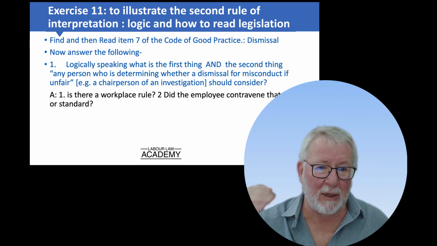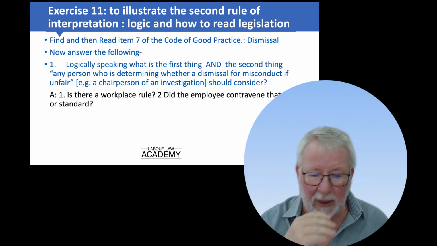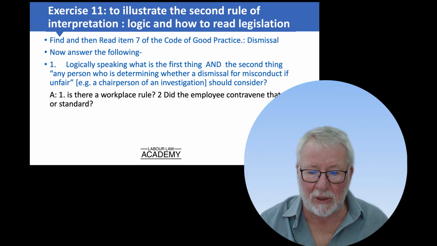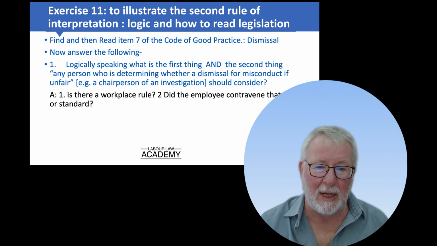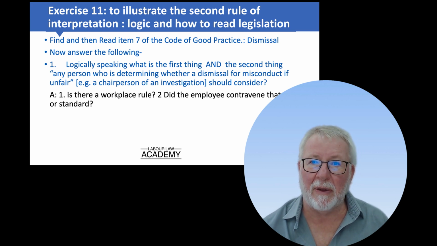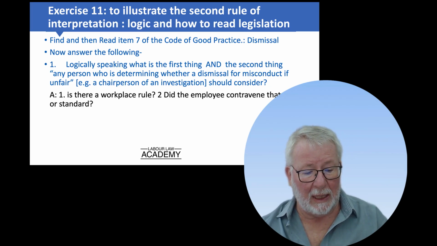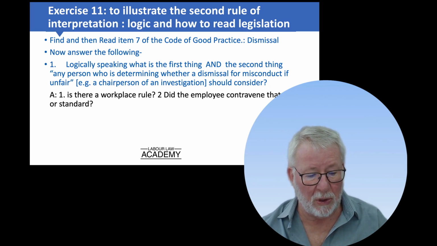So remember I said, what is the first thing? Logically, what was the first thing that person must consider? Well, let's read that item together. Item 7, guidelines in cases of dismissal for misconduct.